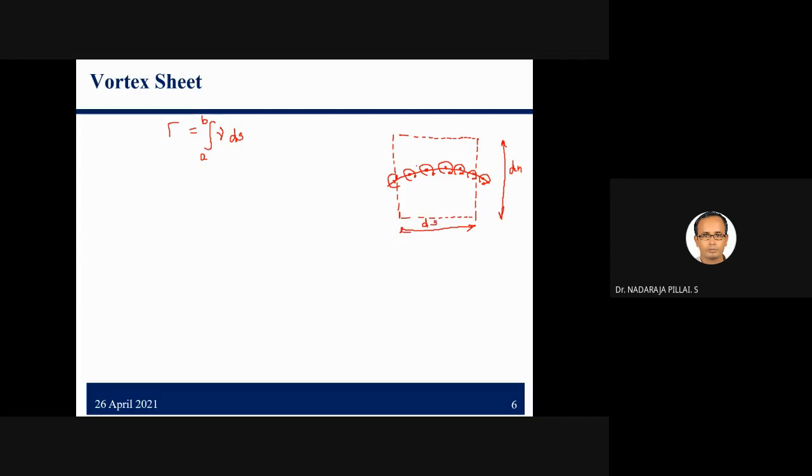Okay, and I can say that this velocity is u1 and this velocity is u2 and this velocity is v2 and this velocity is v1.